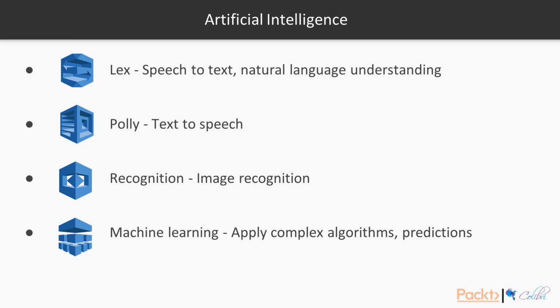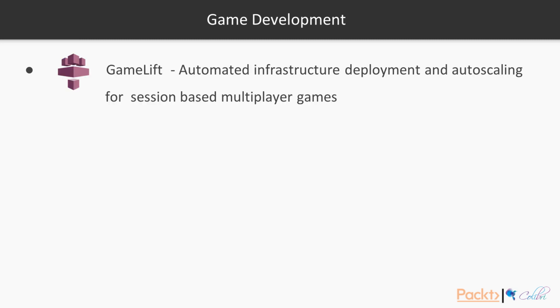Next, there is a bit of artificial intelligence. Lex is a speech-to-text and natural language understanding service. Polly allows for text-to-speech. Rekognition is an image recognition service. And Machine Learning is a way to apply complex algorithms and predictions to your data without you having to know how to implement these algorithms. Game development.